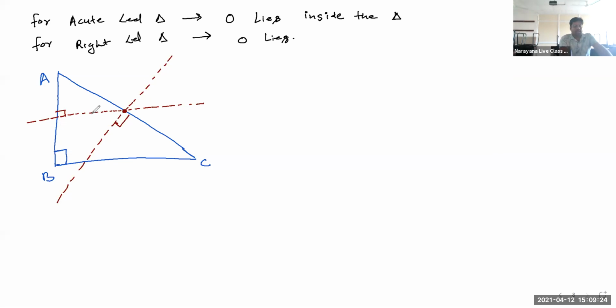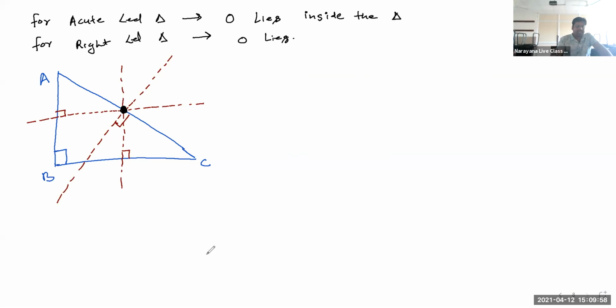And what will be the perpendicular bisector of BC? It will be this line. Okay. So all these three perpendicular bisectors intersect at the midpoint of hypotenuse AC. So the midpoint of hypotenuse AC is the circumcenter of right angled triangle ABC.